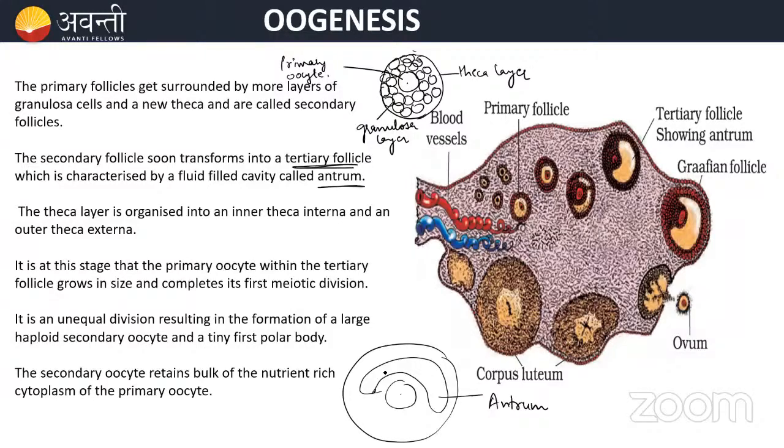And you know that most of the nutrients are present in the cytoplasm, right? So if the first polar body has a very low amount of cytoplasm, that means a low amount of nutrients, because of which the first polar body does not survive for long. So after some time it gets degenerated.